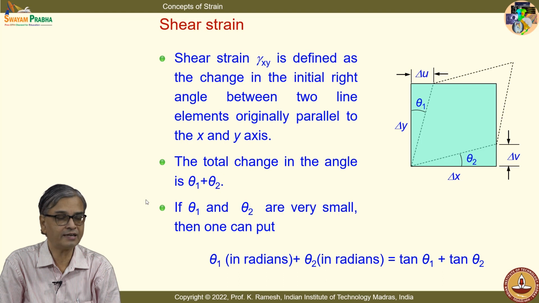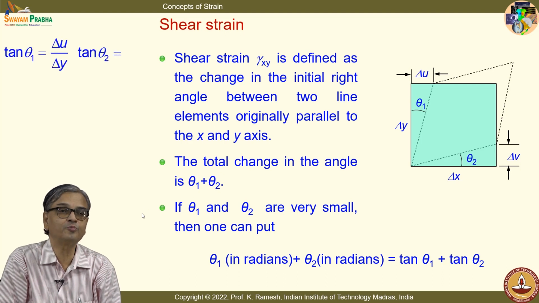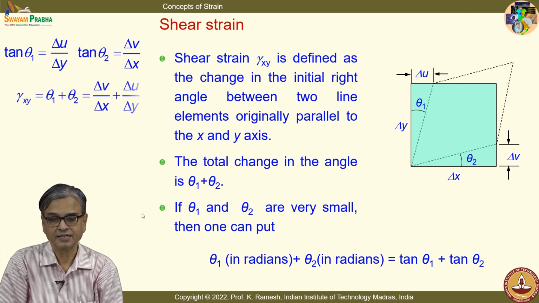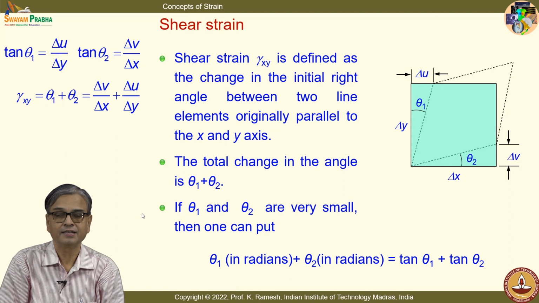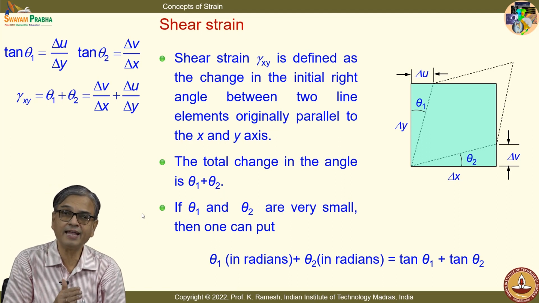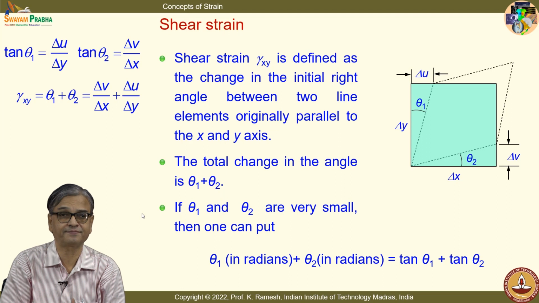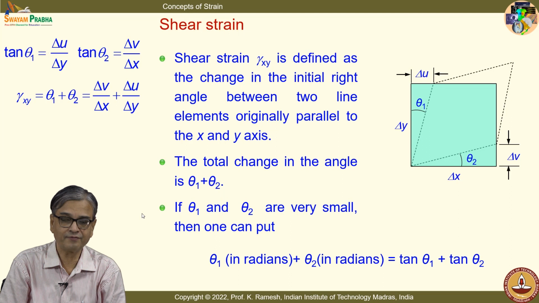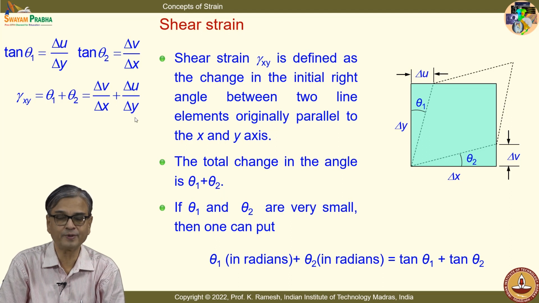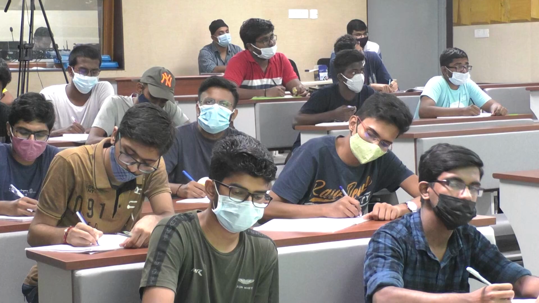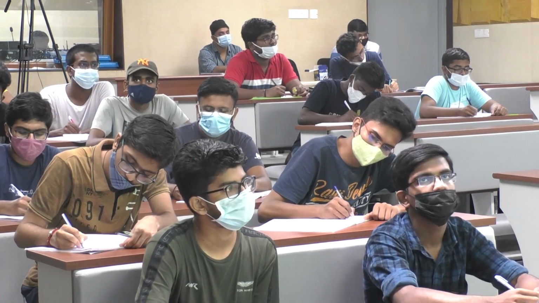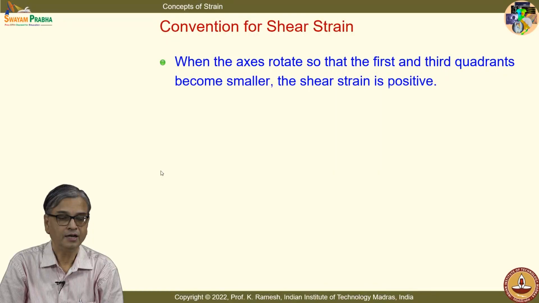So, when I do that, tan theta 1 is delta u by delta y, tan theta 2 is delta v by delta x, and you have gamma xy. I should also tell you that this is labeled as engineering strain. It is theta 1 plus theta 2, delta v by delta x plus delta u by delta y. We will soon see that we will use only half of gamma xy when we express this as a tensorial quantity.